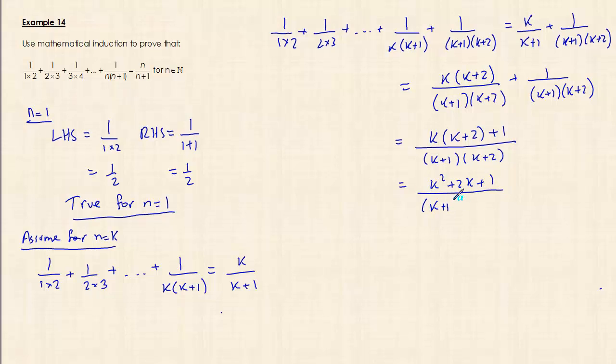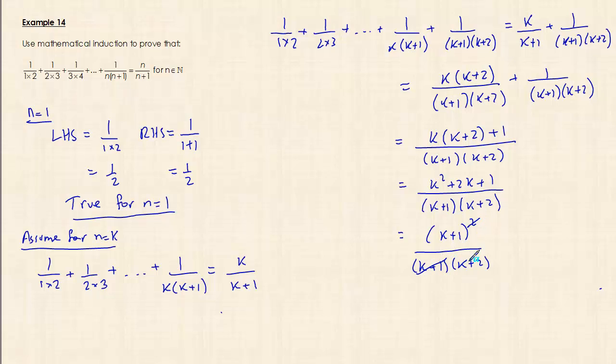over k plus 1 times k plus 2, and that's equal to k plus 1 all squared over k plus 1 times k plus 2.